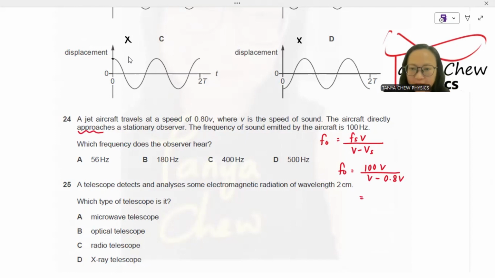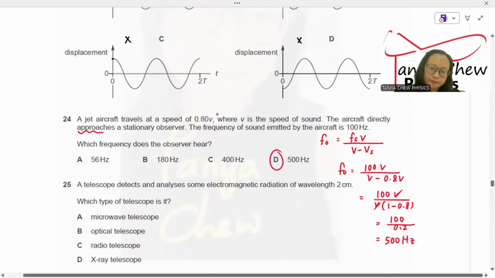The v you can actually cancel off. You factorize the v, and you get 1 minus 0.8. Could you see that? So this is 100 divided by 0.2, and I got 500 hertz.